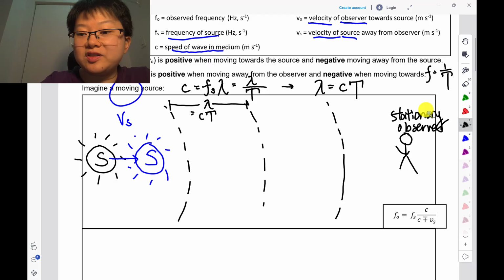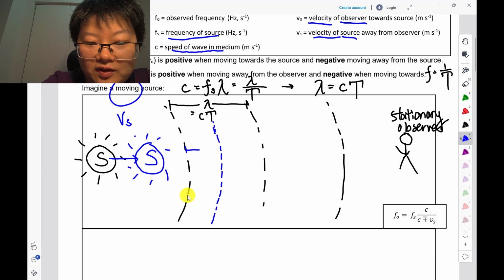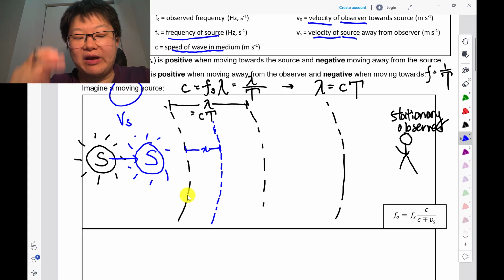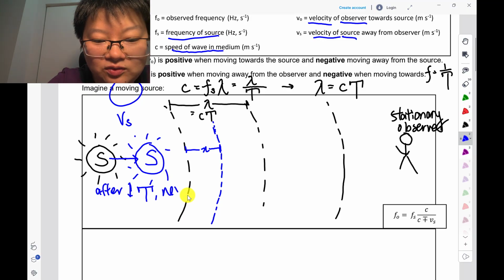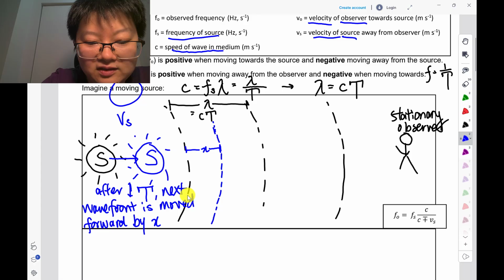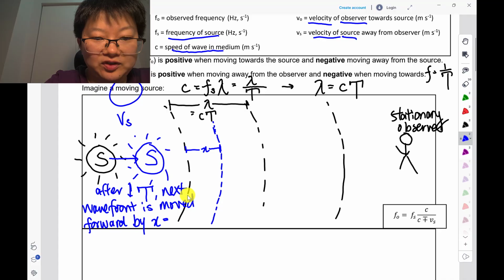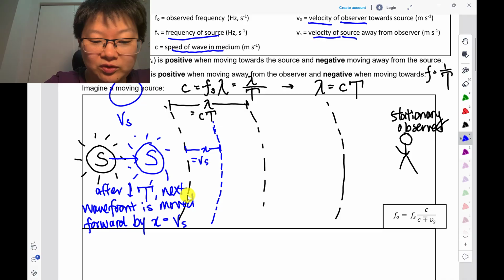Now, if your source is moving, that means this original wavefront would be scooched forward by this much. And this distance right over here is the extra space that is traveled in the span of one period by that particular wavefront. So after one period, the next wavefront is shifted by x, which is equivalent to the speed of the source, Vs, times the time in which that happened, which is one period.